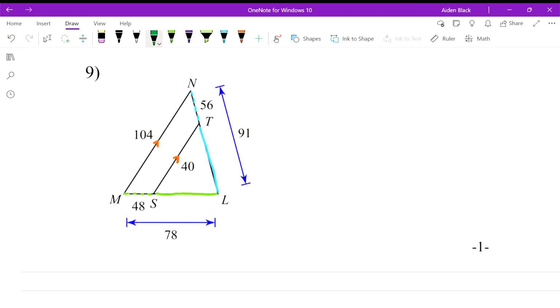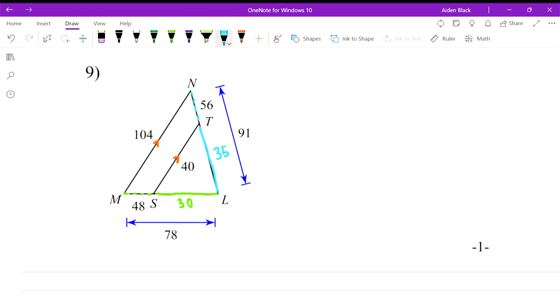So check these values. What is 91 minus 56? It should be 35. And this should be 30.